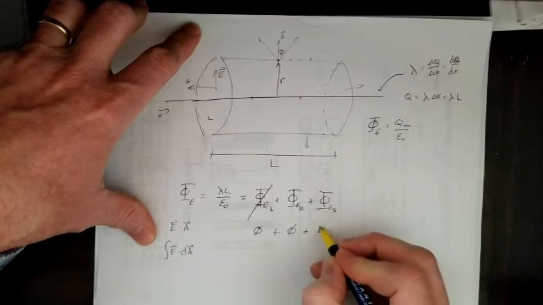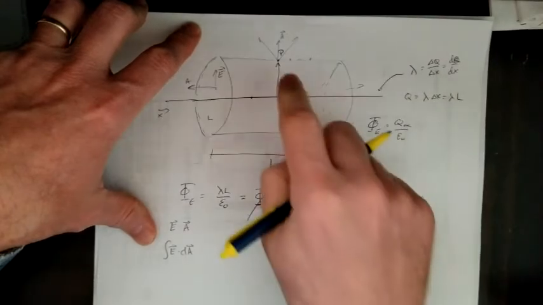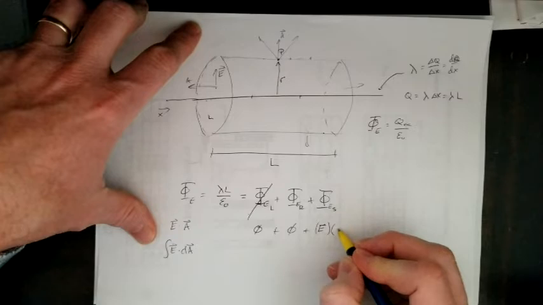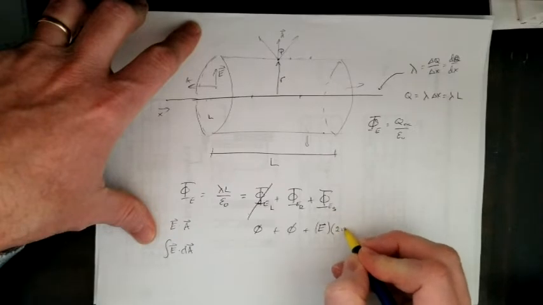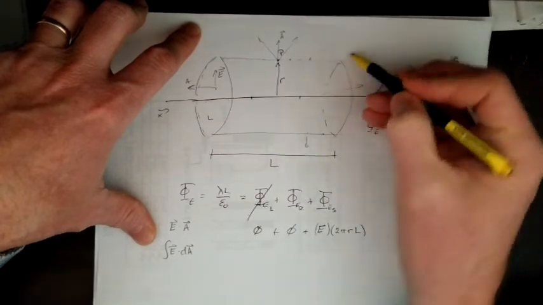And so this is going to be the magnitude of the electric field times my area of the sides here. And the area of the side is going to be 2 pi r L, basically circumference of the circle times the length.